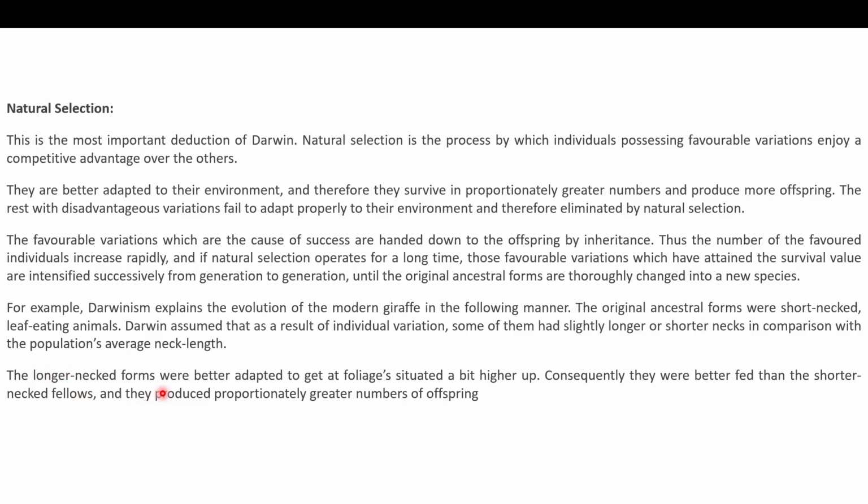The longer-necked forms were better adapted to get the leaves or foliage situated a little higher on the trees, and consequently they were better fed than the shorter-necked ones, and they produced proportionally a greater number of offspring, the longer-necked ones.